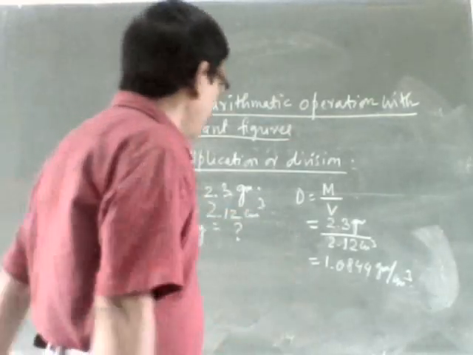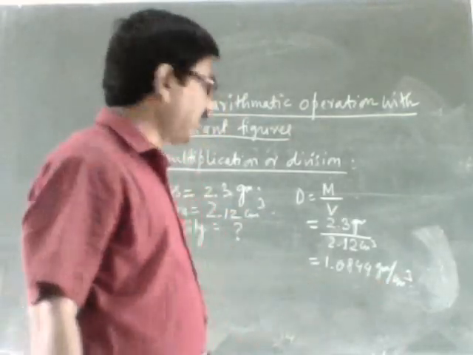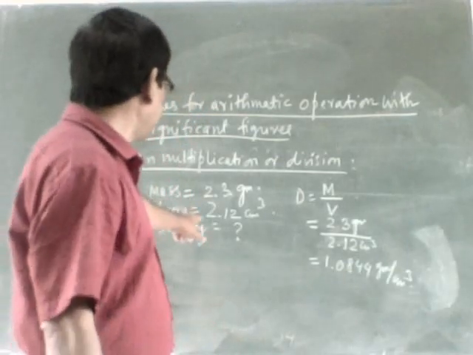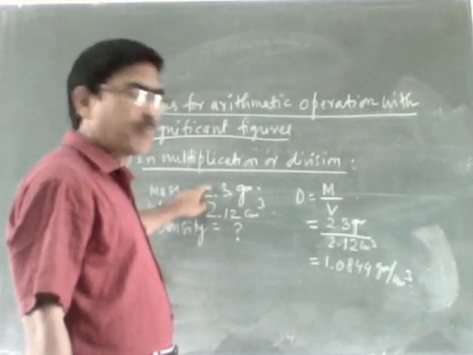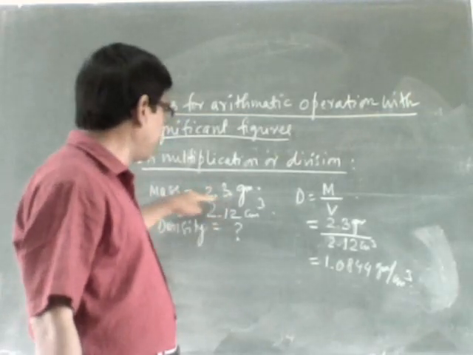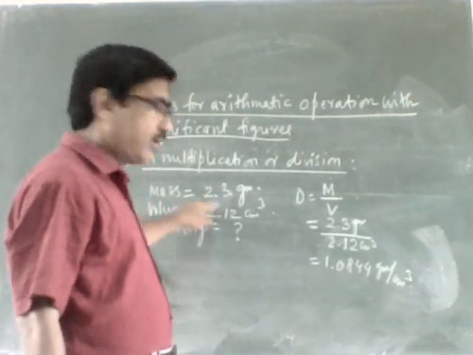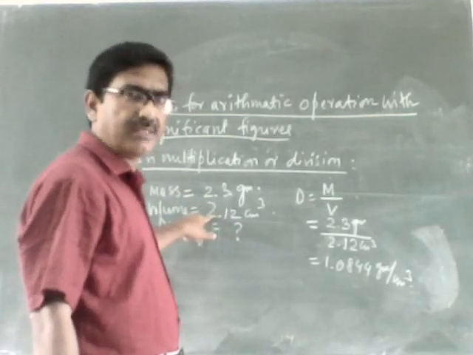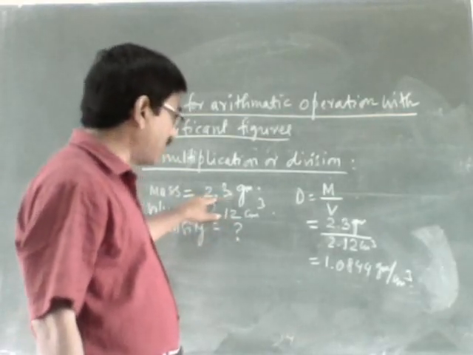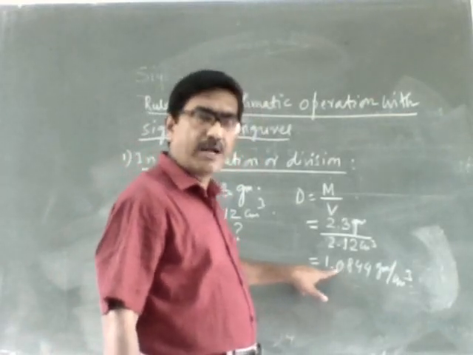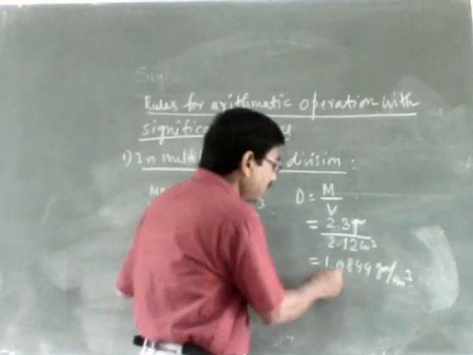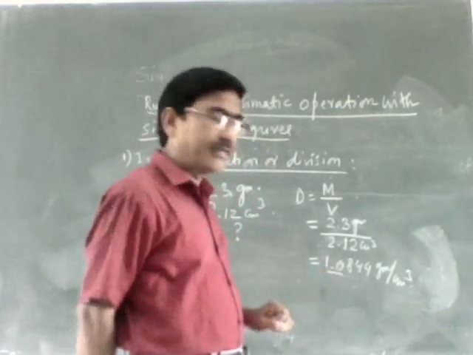Now the question is, what will be the final result? Out of mass and volume, the least significant figures are 2 for the mass, and for the volume it is 3. So you have to write 2 significant figures, so 1.0.